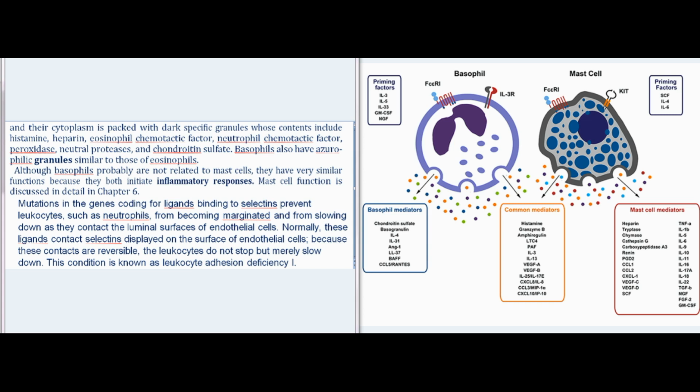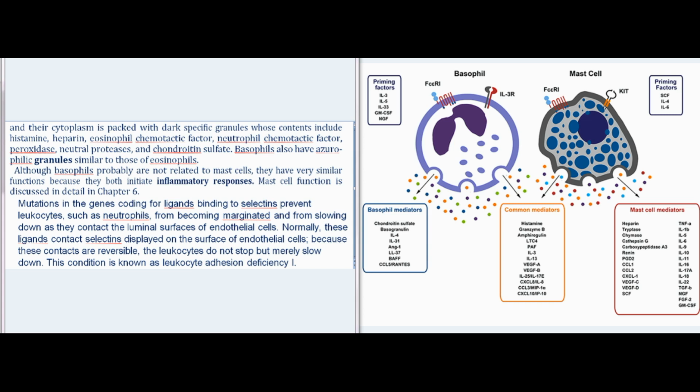Basophils also have azurophilic granules similar to those of eosinophils. Although basophils probably are not related to mast cells, they have very similar functions because they both initiate inflammatory responses. Mast cell function is discussed in detail in Chapter 6.